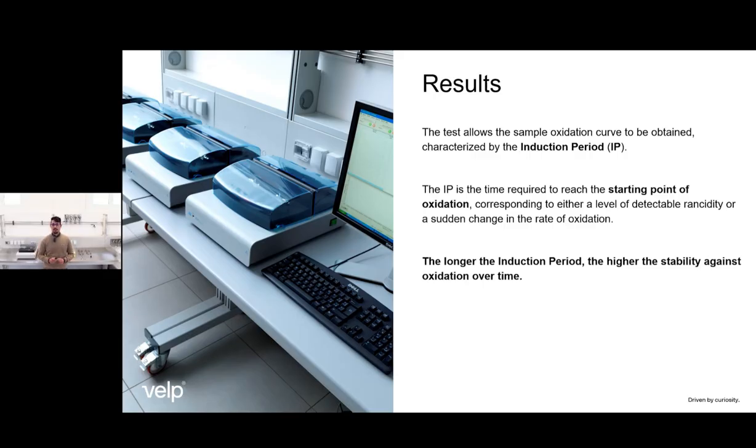From this curve, the instrument automatically identifies the induction period, also called IP, which represents the time required for oxidation to start, meaning that it is the moment when the sample reaches a level of detectable rancidity or when the oxidation rate suddenly increases. Therefore, the longer the induction period, the more stable the sample is against oxidation over time.